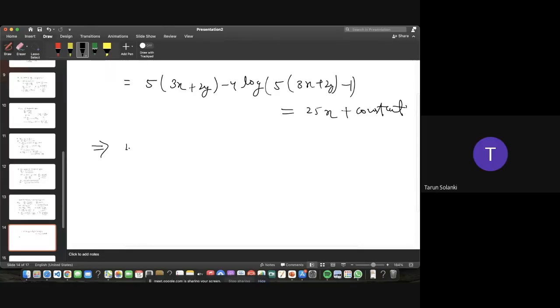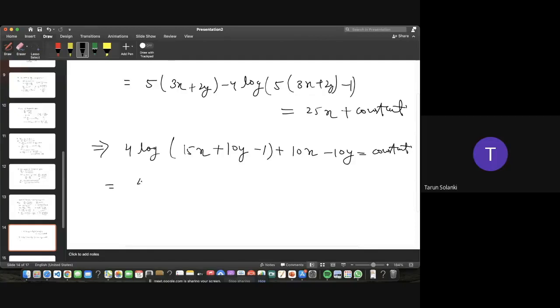So 4 log(15x + 10y - 1) + 10x - 10y = constant.